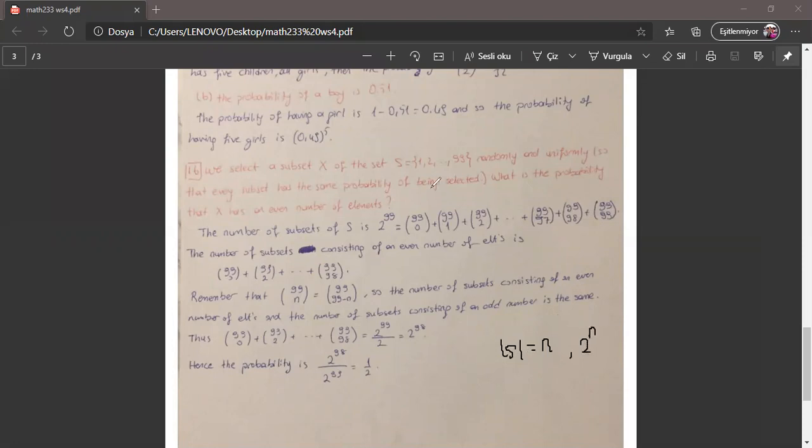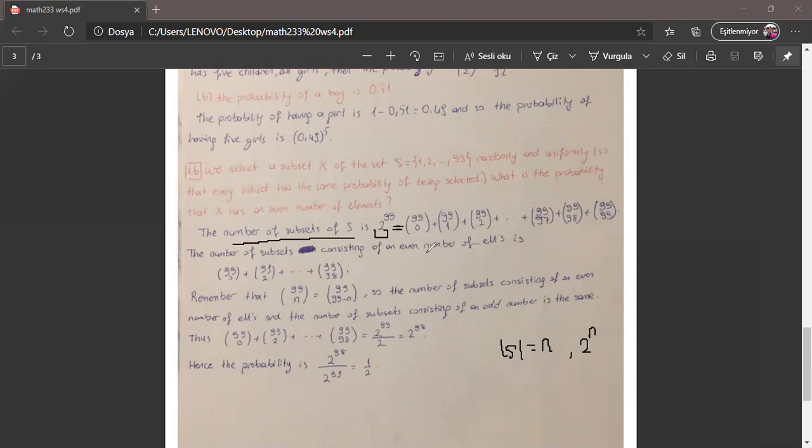So it has 99 elements, and this is the number of subsets of S. It is exactly the same as writing this one. This is the number of subsets of S with 0 elements. This is with 1 element, this is with 2 elements, until 99 elements, okay?